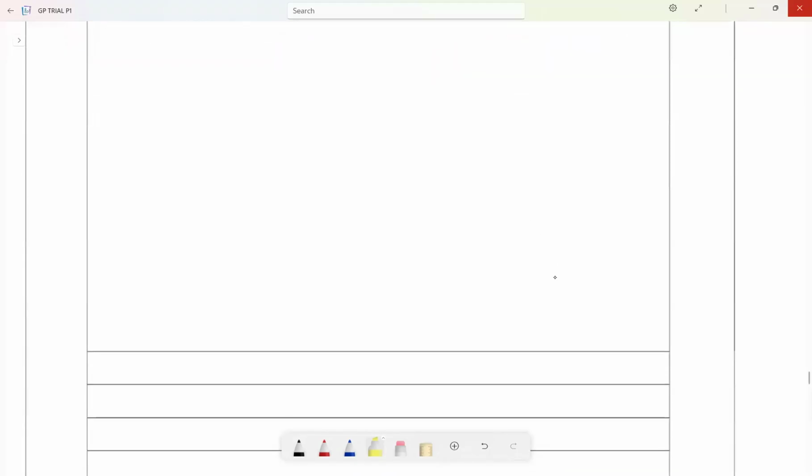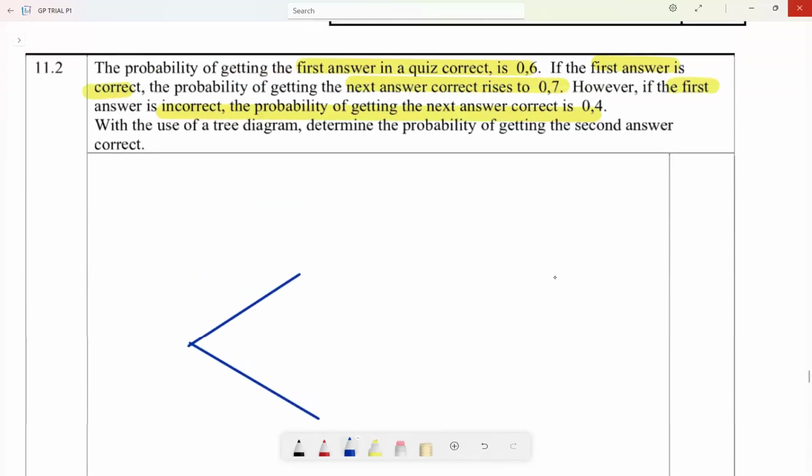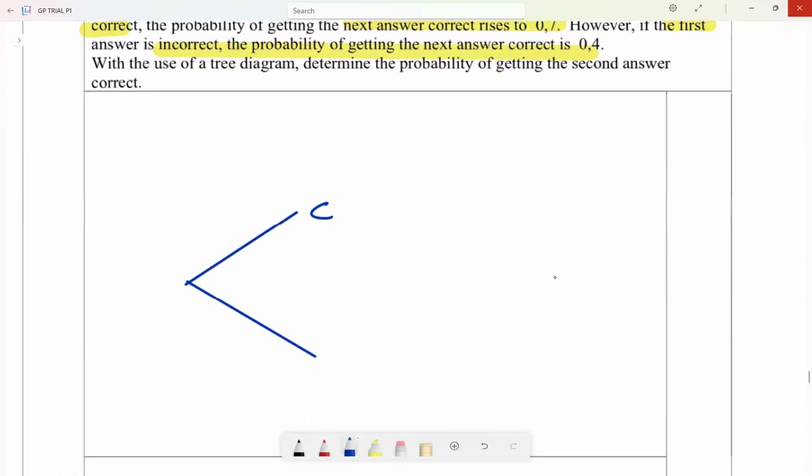Okay, let's now first find the Venn diagram. Let's use, not Venn diagram, sorry, tree diagram. Okay, it's clear that in a quiz, it's either you get it correct or wrong. Where C is correct, where W means wrong or incorrect.